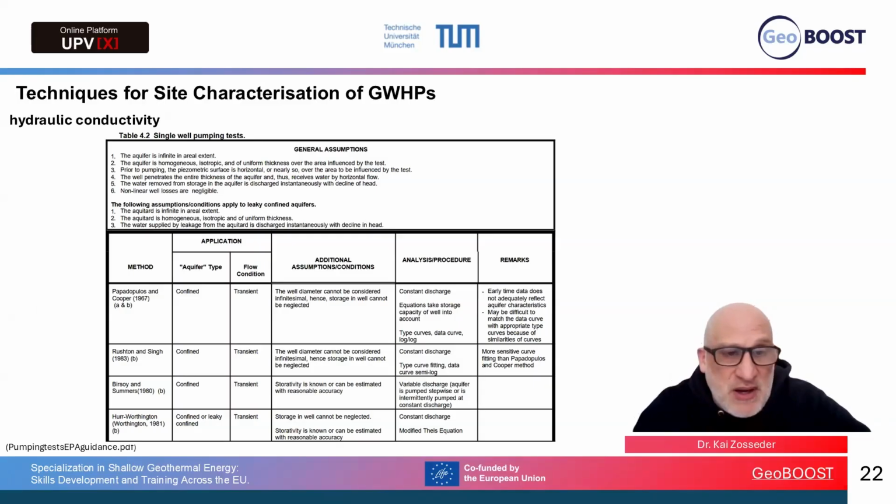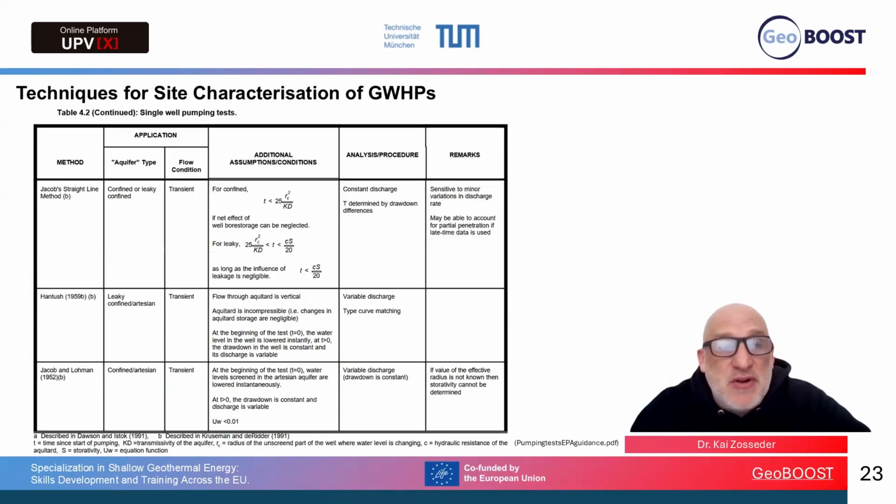So here you have a list of a few for specific conditions. There is a continuation here. So if you have confined or also leaky confined conditions, if you have unconfined conditions, there are several methodologies which can be used to derive the hydraulic conductivity. So this is what you usually do.